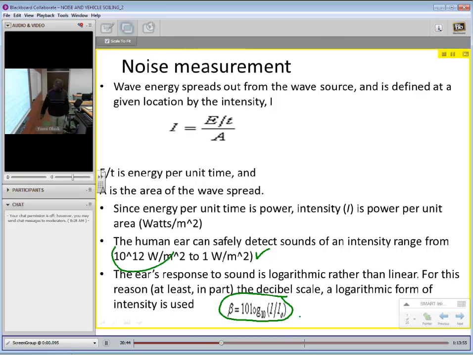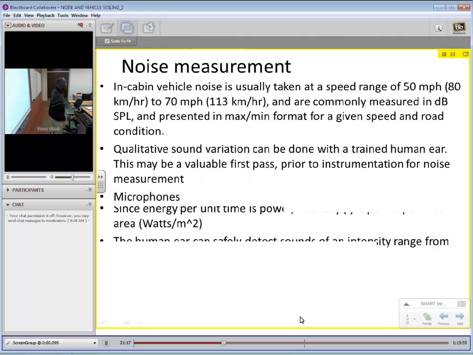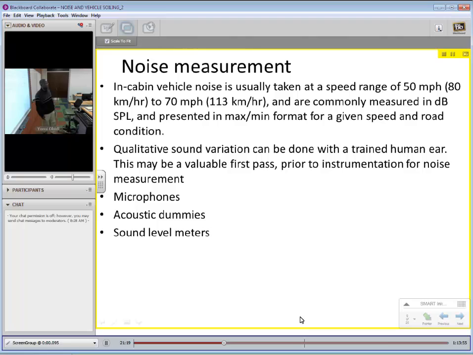The noise level is expressed in decibels, beta, and beta is 10 times log to base 10 of I over I naught, where I is the noise intensity that we measure, and I naught is the benchmark noise level for the human ear, which is 10 to the power minus 12 watts per meter squared. That is how noise is measured.